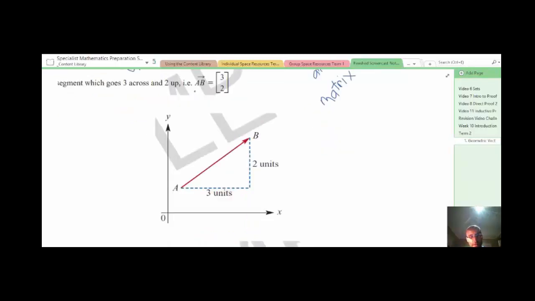If we look at the example here, if the vector is called AB, which means it starts at A and goes to B, if it equals the column vector 3, 2, or the storage vector 3, 2, we can write that or draw that as a geometric vector.